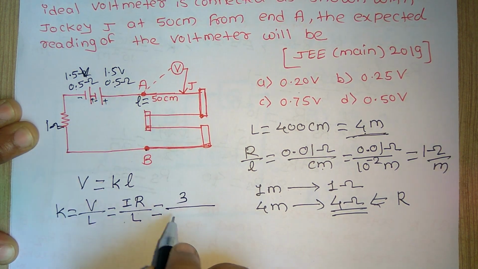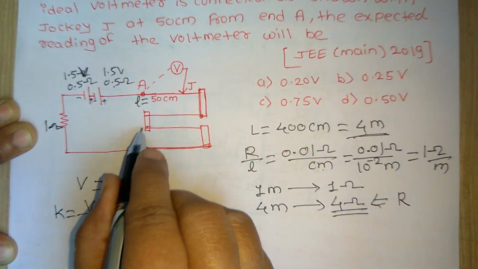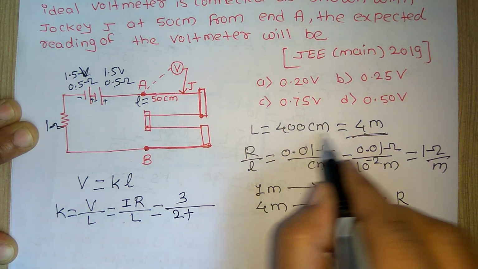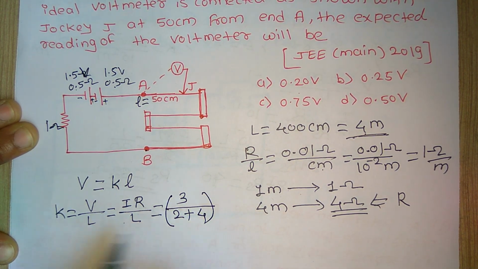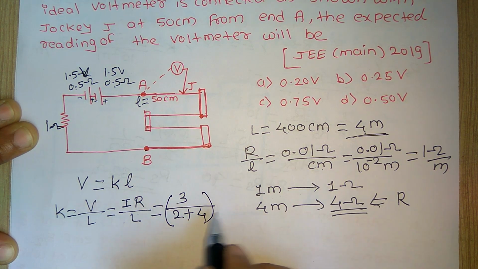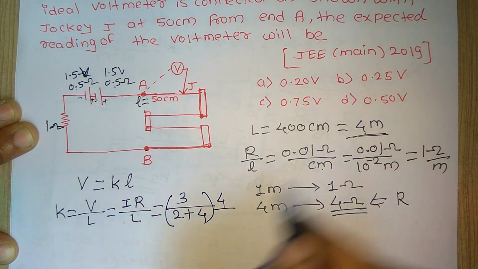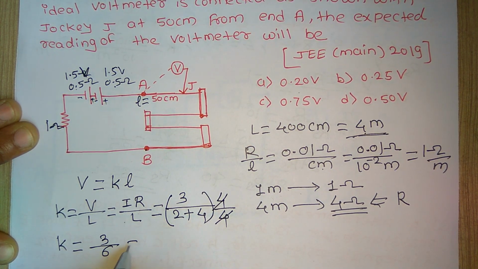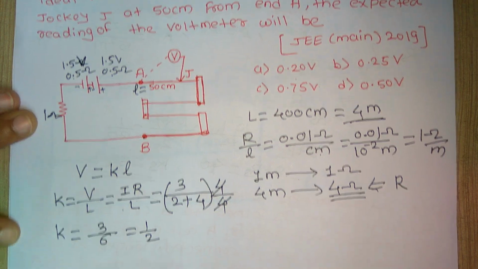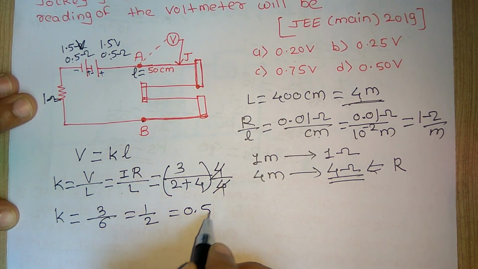So 1 plus 1, I will write 2, plus the resistance of wire AB, which is 4 ohm. This is the current, right? The resistance of wire AB is 4 divided by the length of wire, 4. So this 4 cancels. The potential gradient is 3 divided by 6, which is 1 by 2, that is 0.5.